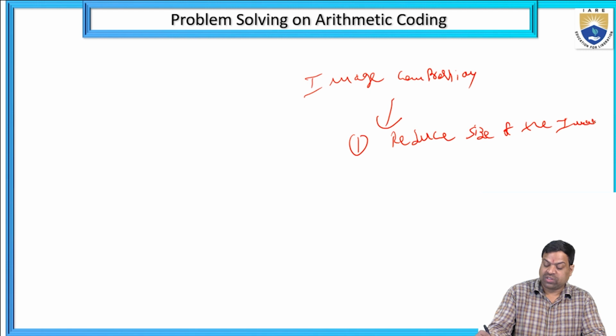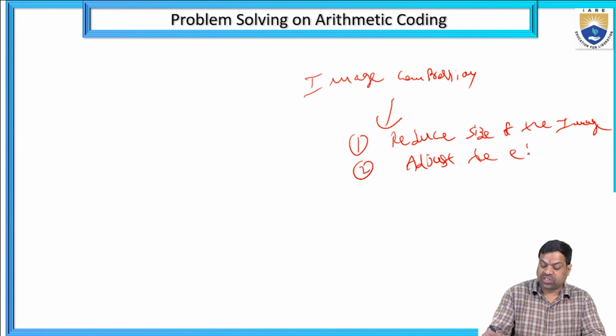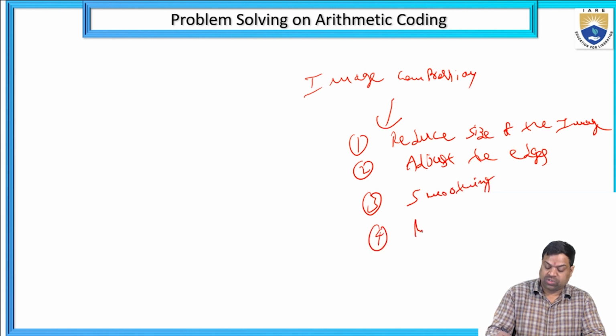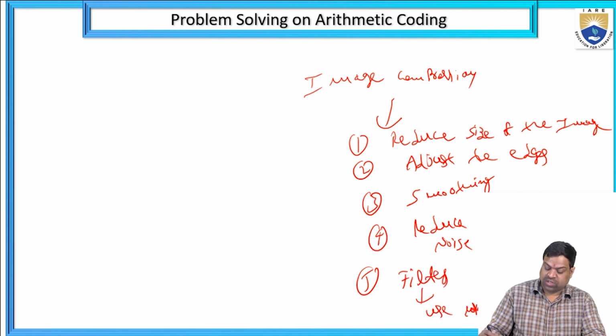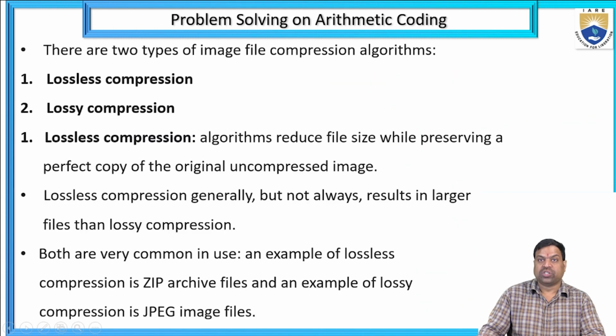It is one thing, and another is to adjust the edges and smoothing, and reduce noise. And another one is filters, which use a mask. So these are the image compression methods.